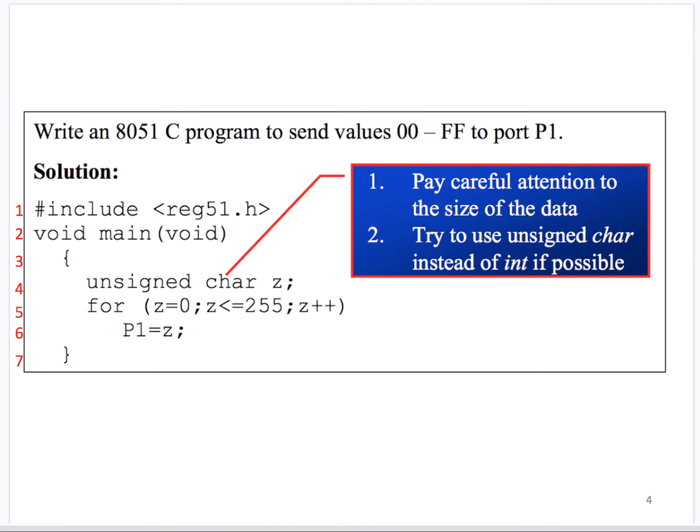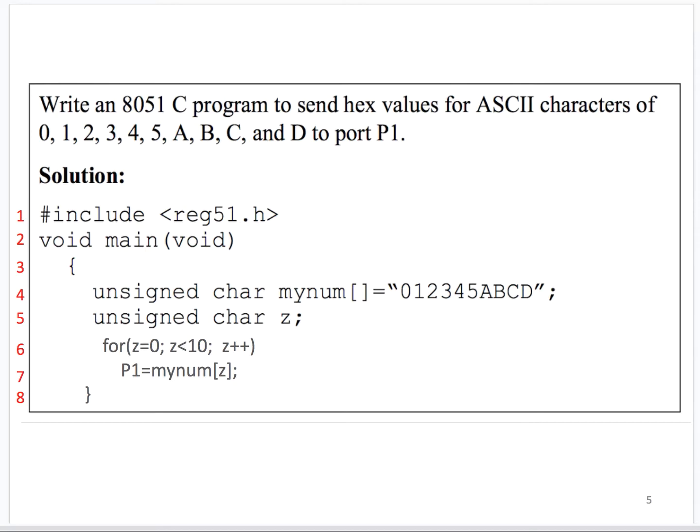If possible, write an 8051 C program to send hexadecimal values for the ASCII characters of 0, 1, 2, 3, 4, 5, A, B, C, and D to port P1.